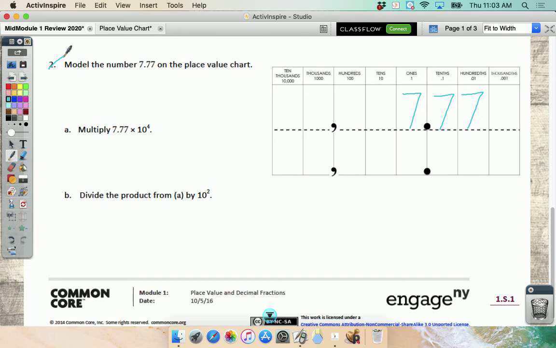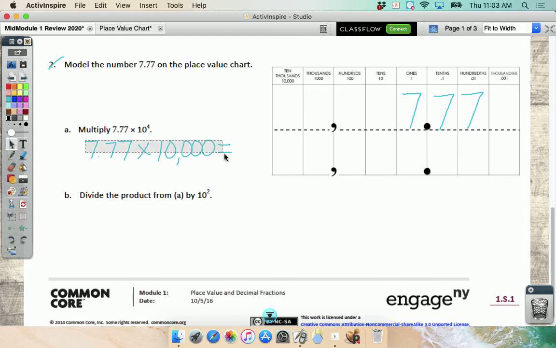Now you need to multiply. So you're going to multiply 7.77 times 10 to the 4th power. What number is that? 10,000. And then we're going to have to figure out the answer. Okay? Now, here's the thing.